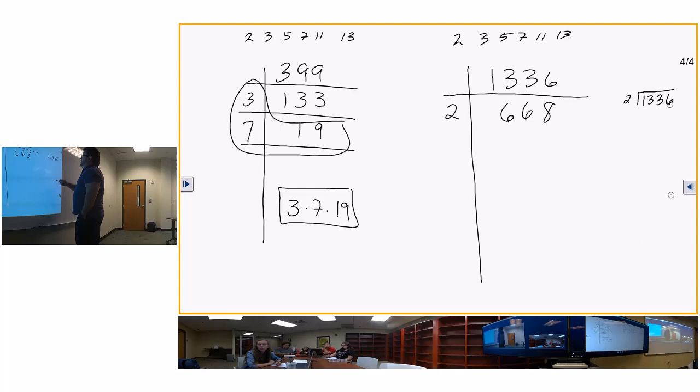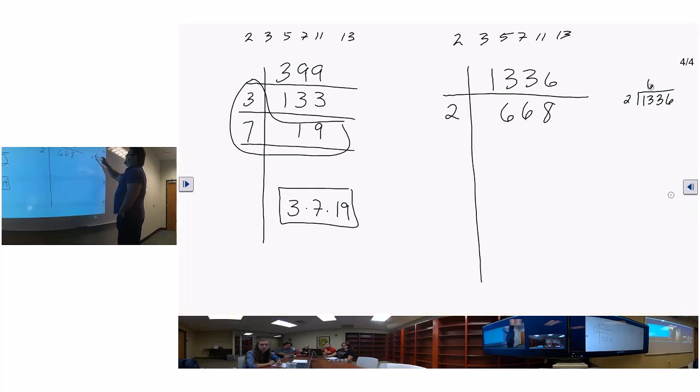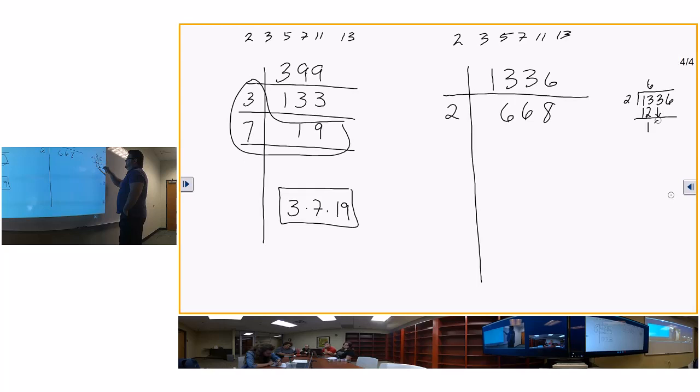So 2 will go into 13 6 times. 6 times 2 is 12. There's that 1 I'm talking about. Bring the 3 down. You see what I'm doing?